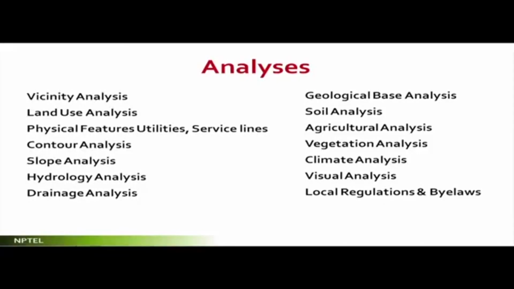In hydrology analysis, you are trying to find out the subsurface water conditions, and in the drainage analysis you are trying to find out the superficial hydrological conditions over the surface. In geological analysis, you are trying to find out subsoil quality characteristics. In the soil analysis, you are trying to find out the topsoil characteristics. In the agricultural analysis, you are trying to find out the agricultural potential of that particular land. And in the vegetation analysis, you are trying to find out the vegetative potential of that particular land.